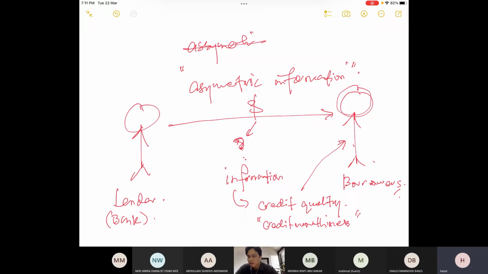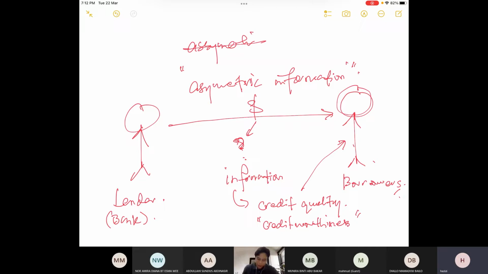The lower the chances that this borrower has the ability to pay me back, the higher I need to charge him, because as a lender I'm bearing a higher level of risk now, right?